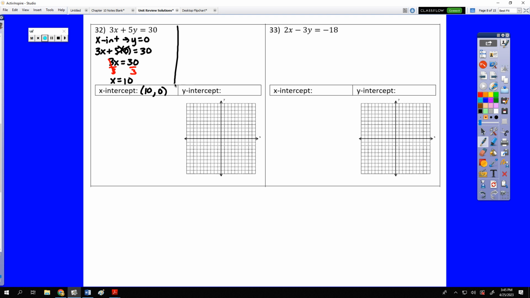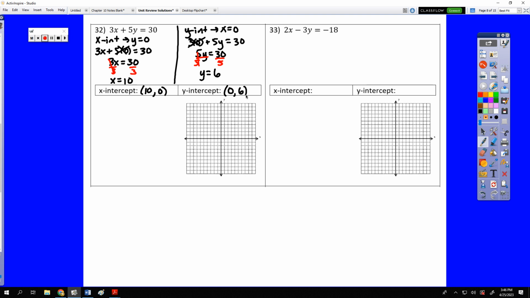We then repeat those steps for the y-intercept, except we let x equal 0. 3 times 0 plus 5y equals 30 would cause 3 times 0 to drop out, leaving us with 5y equals 30. We divide each side by 5 to get y by itself, and 30 divided by 5 gives us y equals 6. That is the point (0, 6).